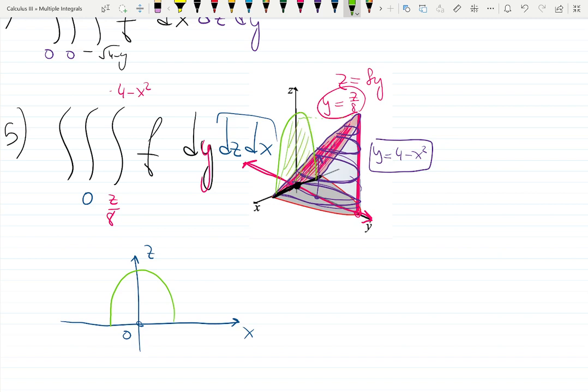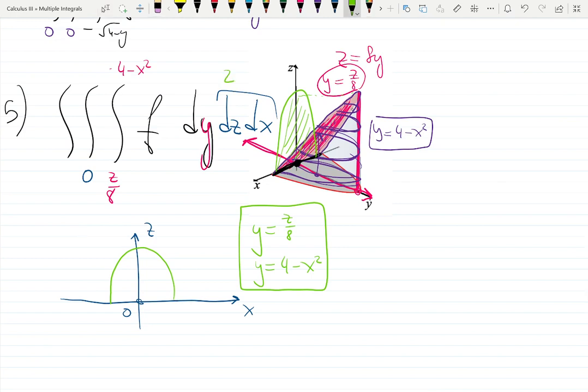From equations, it's actually a little bit easier to understand. Y equals z over 8 and y equals 4 minus x squared. We need to get rid of y because y creates a three-dimensional object and we are going to the plane that does not have any y. No y. So let's plug one into another one. And it actually is good.